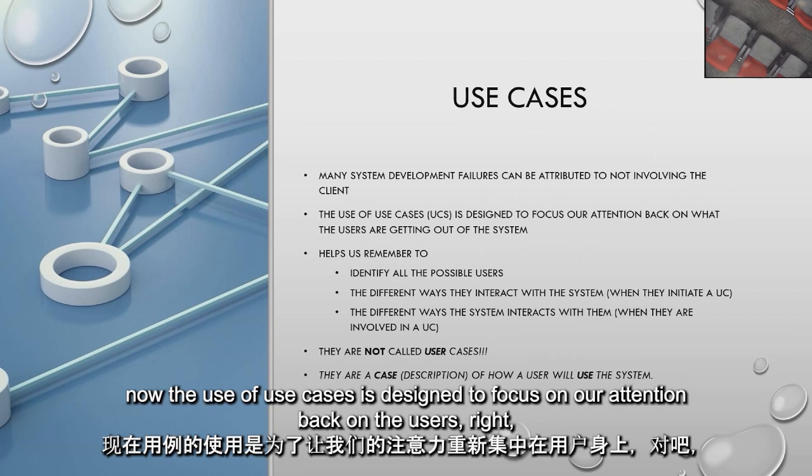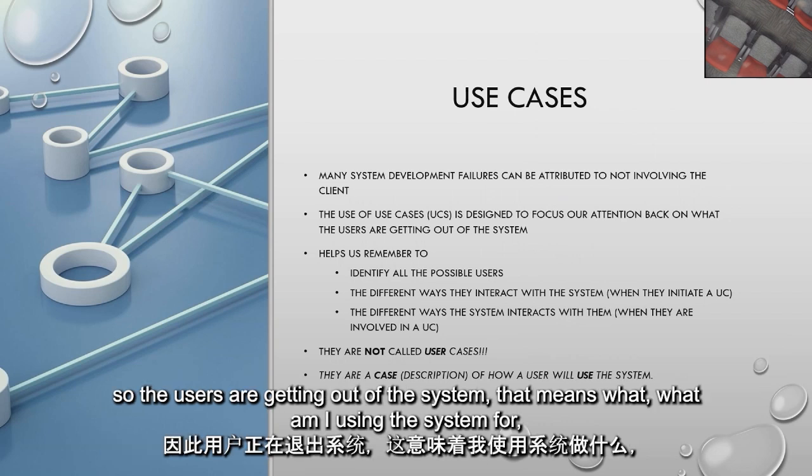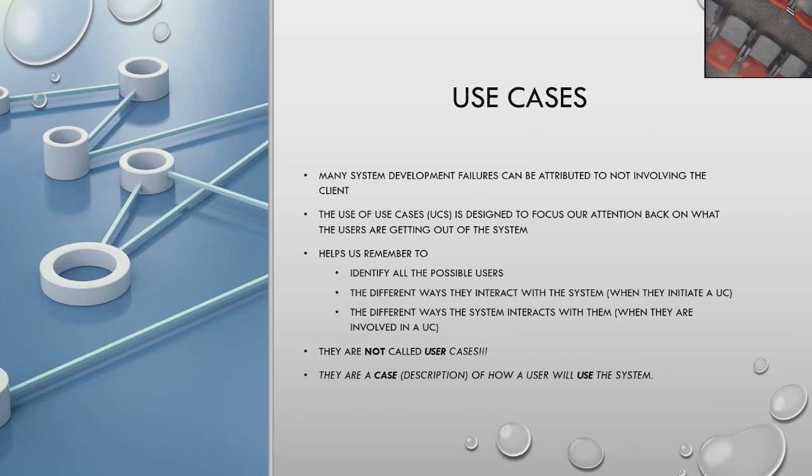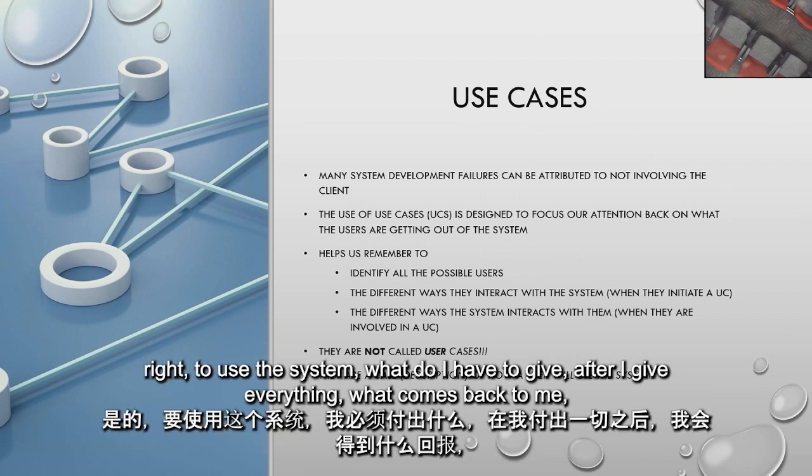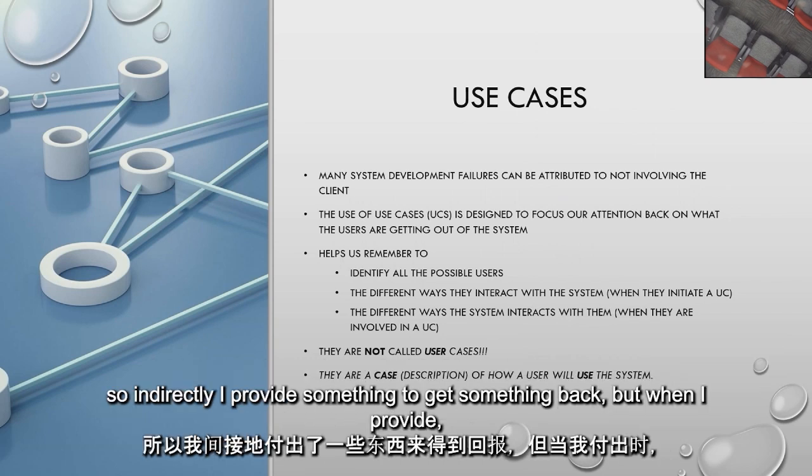Now, the use of use cases is designed to focus our attention back on the users, right? So the users are getting something out of the system. That means what am I using the system for? To use the system, what do I have to give? After I give everything, what comes back to me? So indirectly, I provide something to get something back.